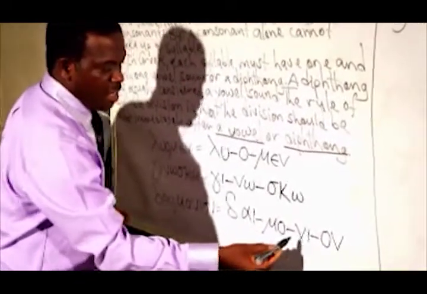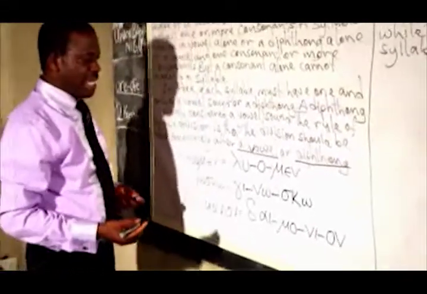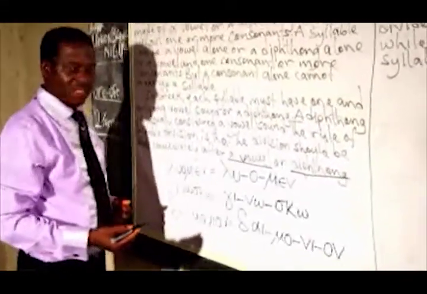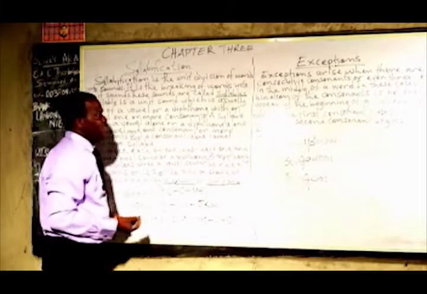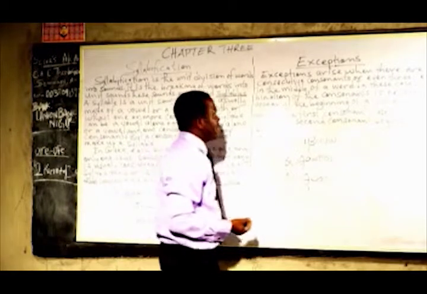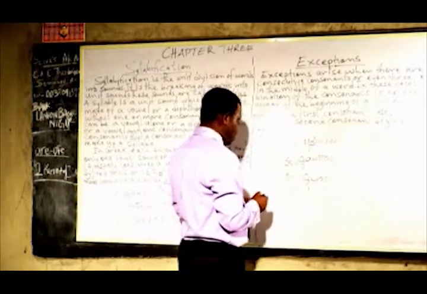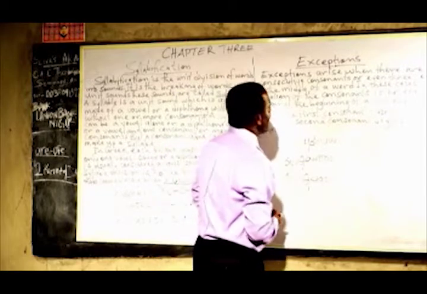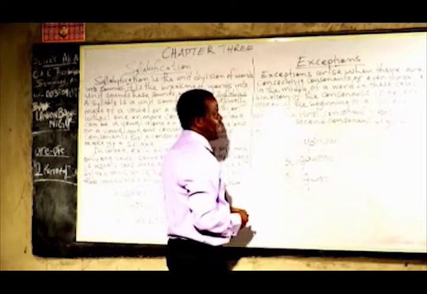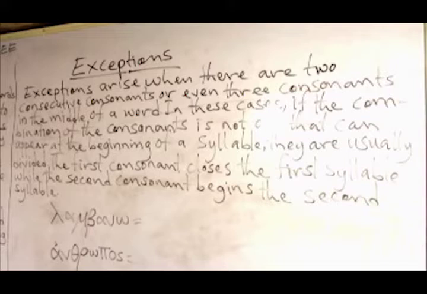So in this word we have three syllables: di, mo, ni, on. If you look at these three words now, you see that we draw the demarcation line immediately after the vowel. But exceptions arise. We have exceptions to this rule. Exceptions arise when there are two consecutive consonants or even three consonants in the middle of a word.